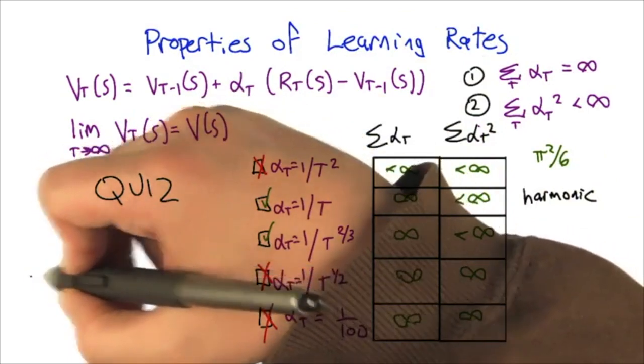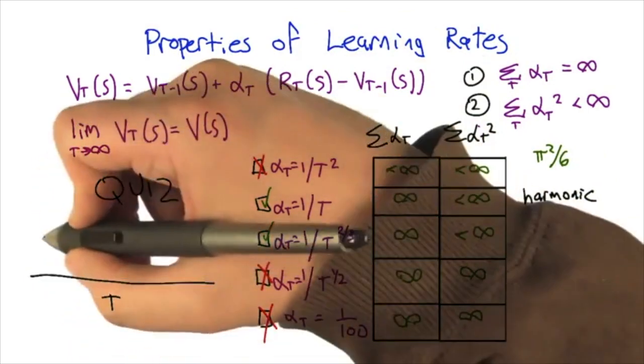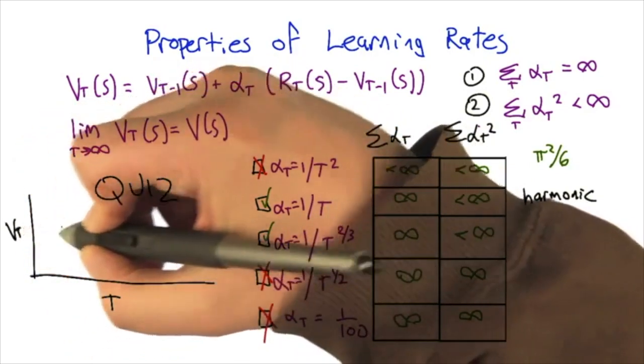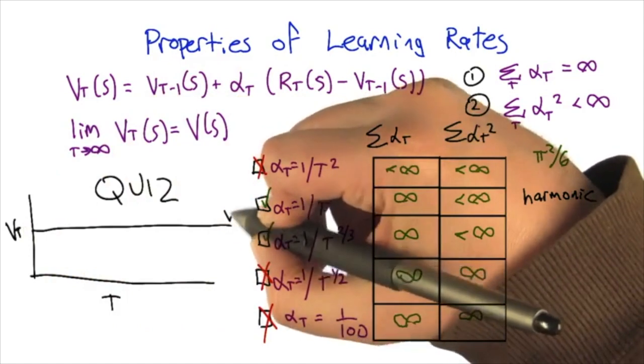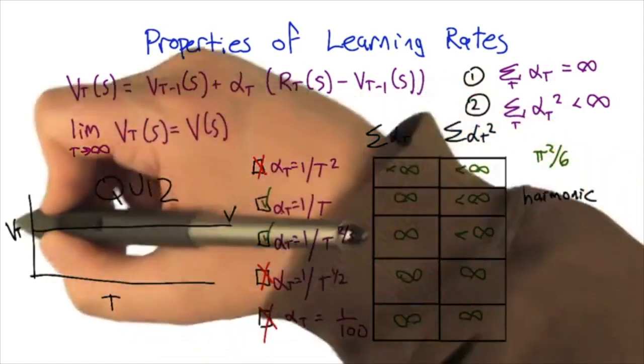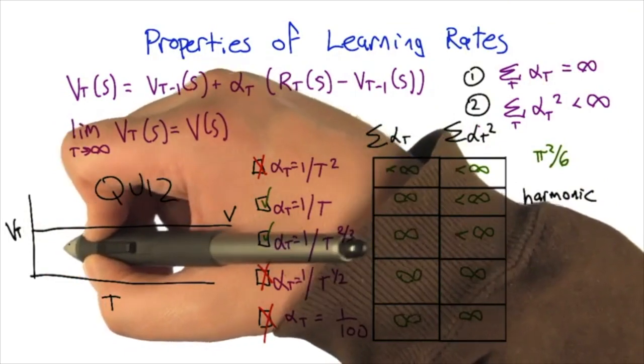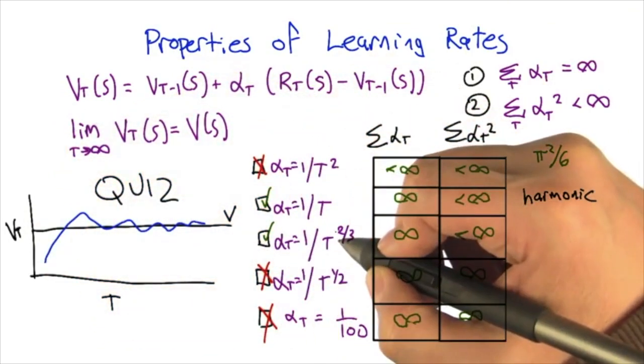Here's one way to think about it if you make a little plot. Time is going this way, and this is our estimate of the value. And here's v, what we want to go to. What these conditions guarantee is that we hone in on v as we go to infinity.